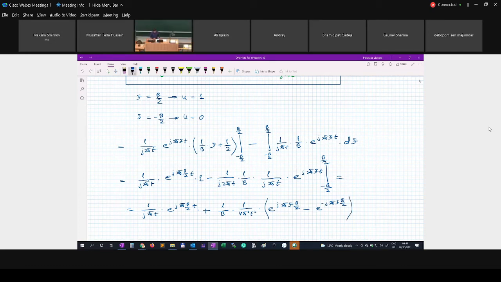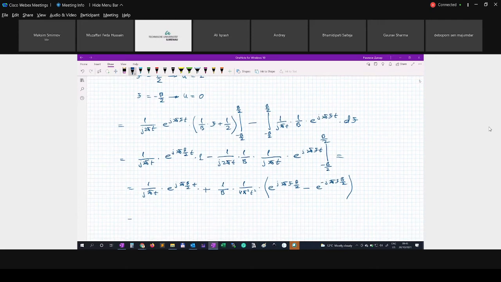And here we have two parts. It equals to, we have exponential part. And then also we have this second part. And here, this difference of two exponentials, using hint from previous tutorial, we remember that exponential j alpha minus exponential minus j alpha equals to cosine plus sine minus cosine plus sine.